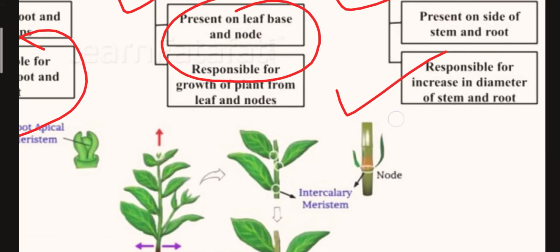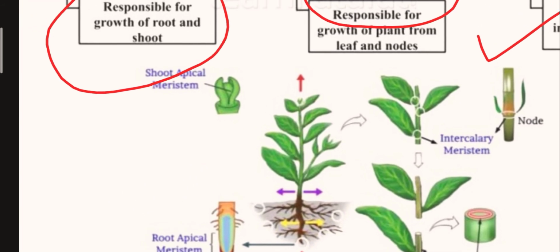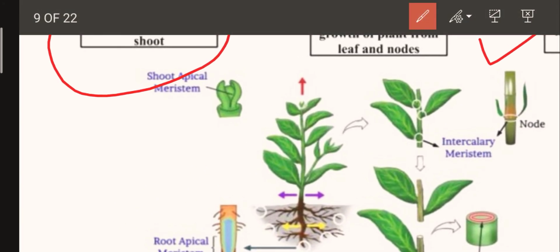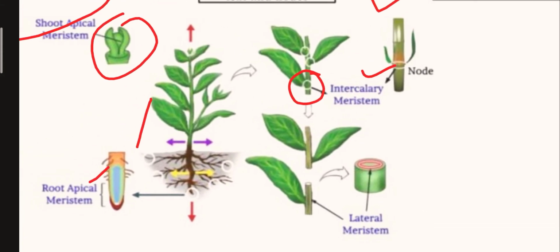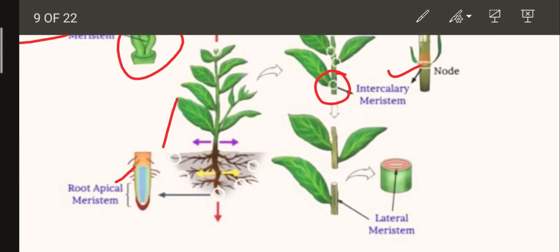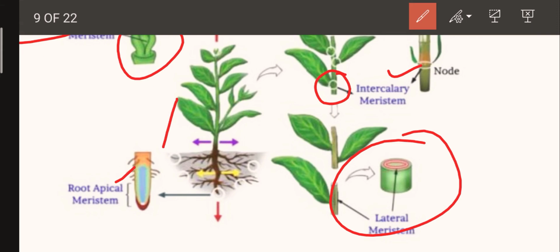Now these are the pictures of the same, where you can see the shoot apical meristem and root apical meristem, and here is the intercalary meristem in the leaf bases and in the nodes, and this is the lateral meristem, which is responsible for the increase in the diameter of the stem and root.